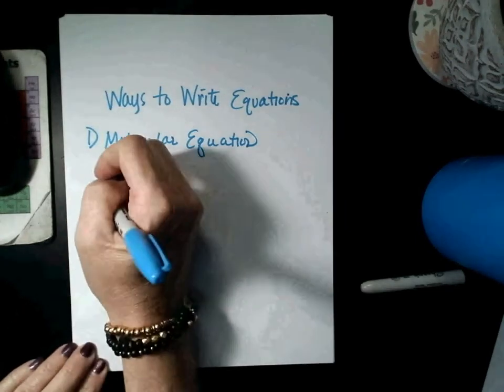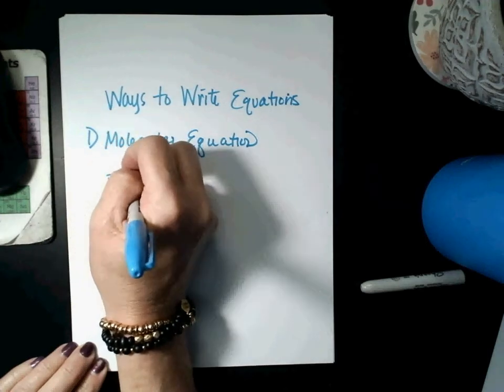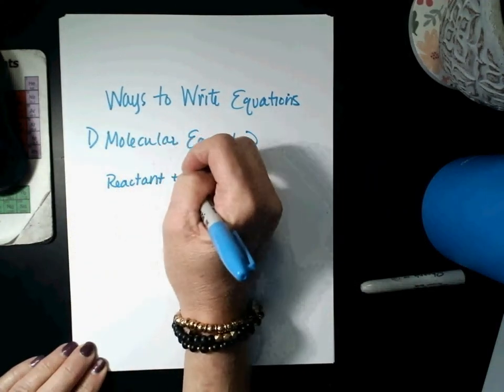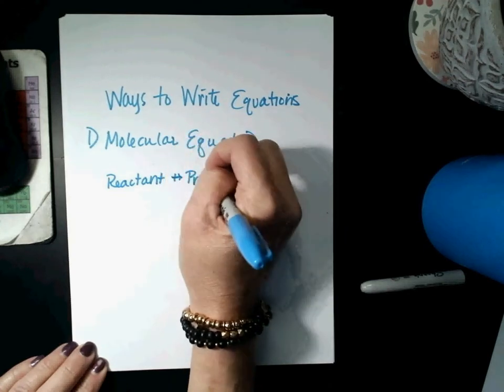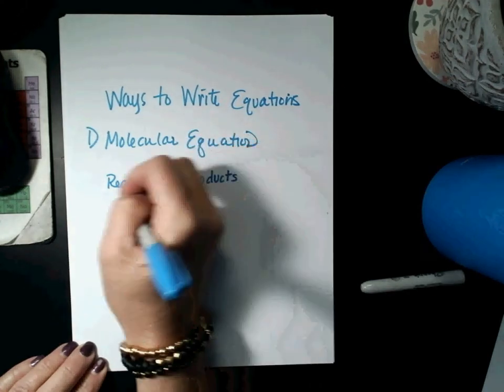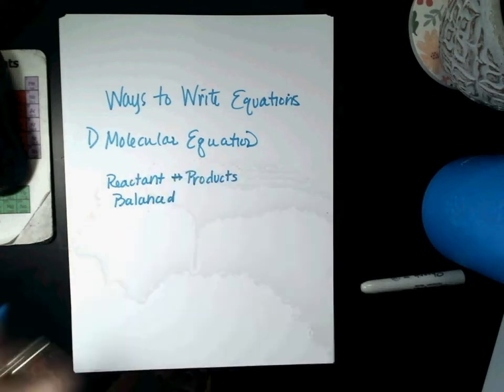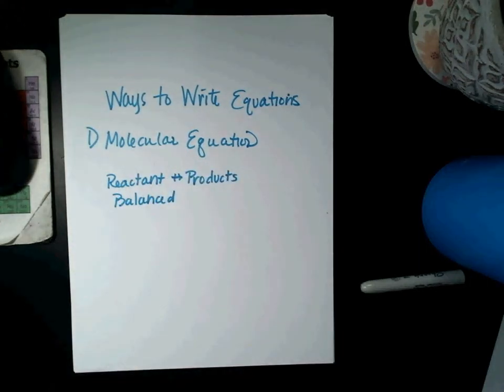It's the reactants plus the products, or yielding the products, balanced. It's exactly what we've been doing all along. That's called a molecular equation. So it's nothing new. If you're asked to write the molecular equation, you write what we just did.